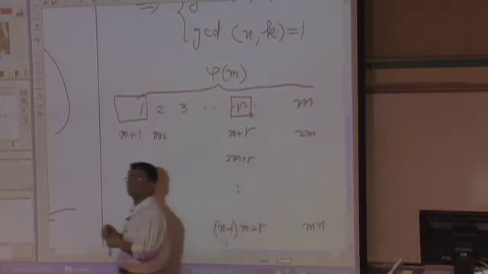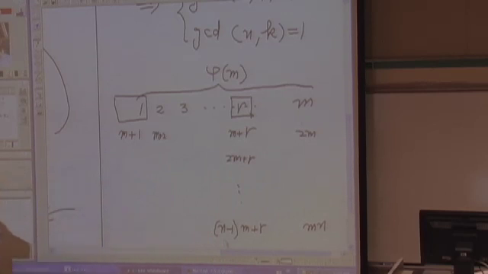So it's sufficient to state that out of the top row, only phi sub n are qualified. Right, phi sub n elements are qualified from 1 through n by the definition of phi sub n. You don't understand? Ask.